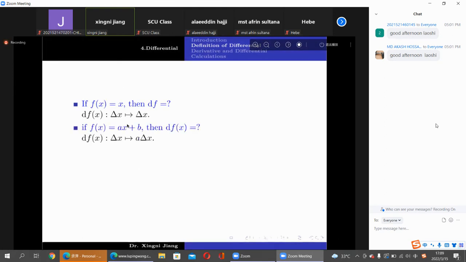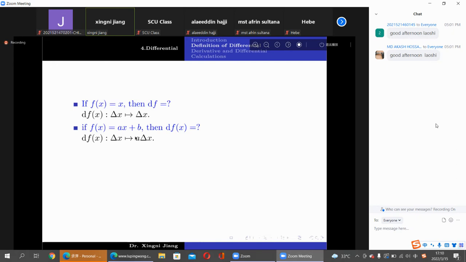And you can do this. For these simple functions, you can treat them by the definition. And then you know the differential of this function is just a function from delta x to delta x. So this is actually just df equals delta x, okay? And if f is a very simple polynomial, what's the differential?